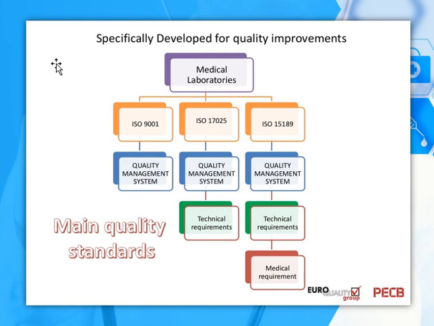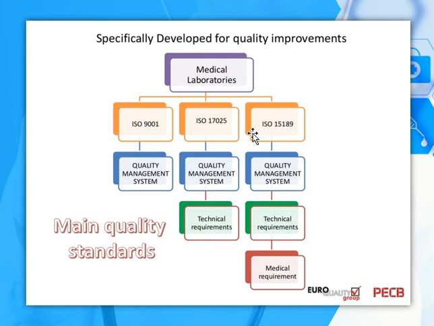So this is the development of QMS. This is for medical laboratory. So ISO 9001 just includes the quality management system. ISO 17025 includes the components of quality management system and technical requirements.